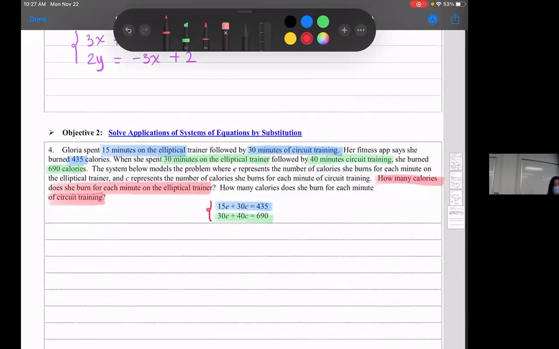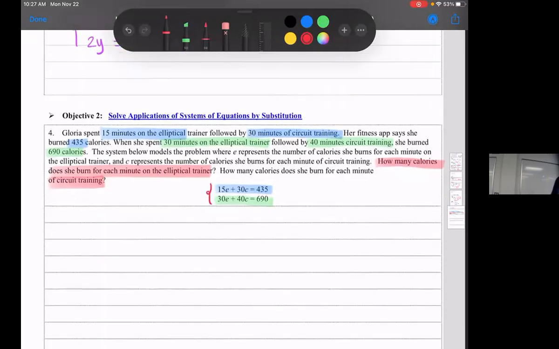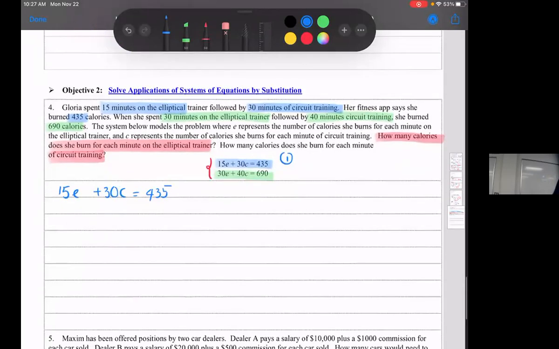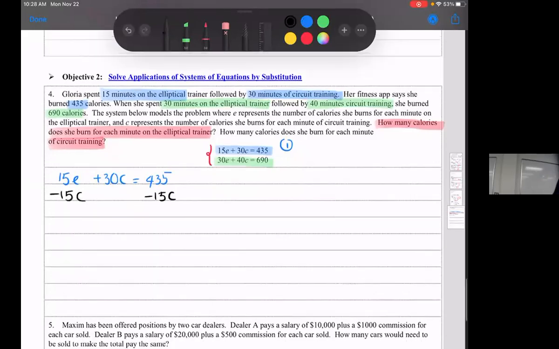Whichever variable you solve for, it doesn't matter to me. They equally don't look good. So the blue one, I got 15E. Let me label it number 1, plus 30C equal 435. I'm going to subtract 15E. I'm going to solve for C. So that cancels.